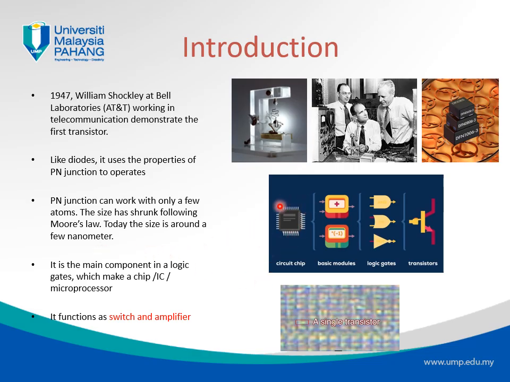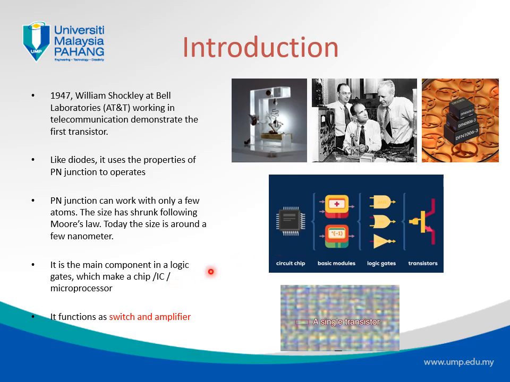In our circuit chips, for example in a processor like the one you find in your PC, the chip is made of basic modules, which are themselves made of logic gates, and these logic gates are constructed from a combination of a few transistors. So a transistor is the main component that makes logic circuits or logic gates work, right?